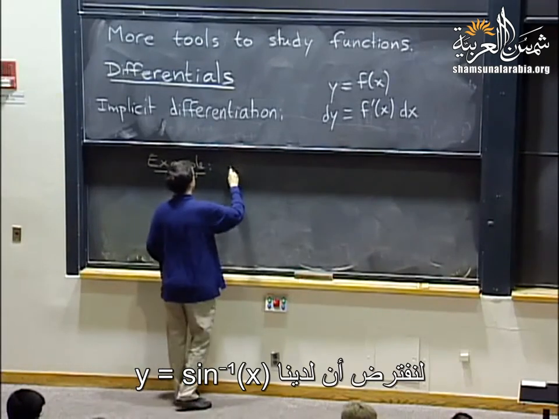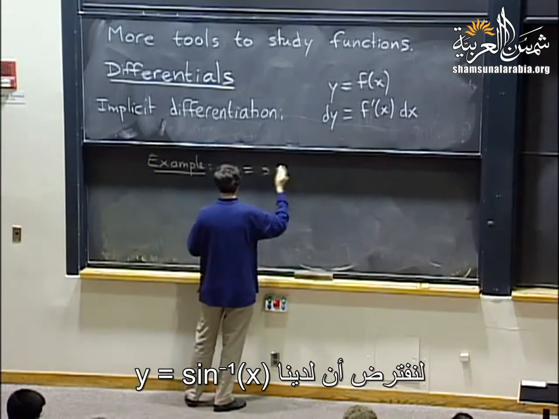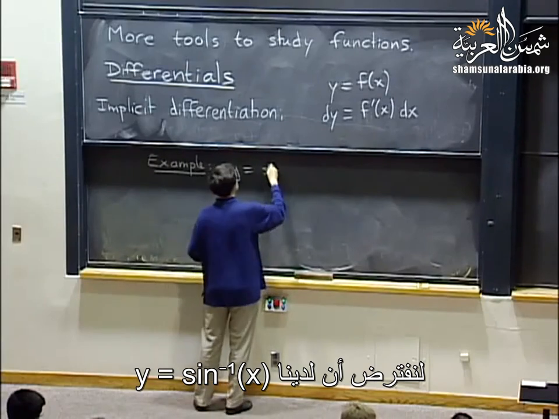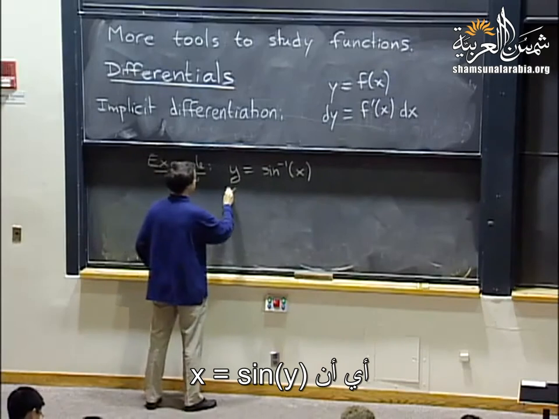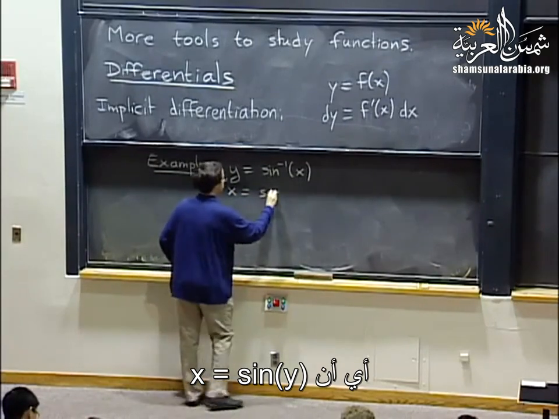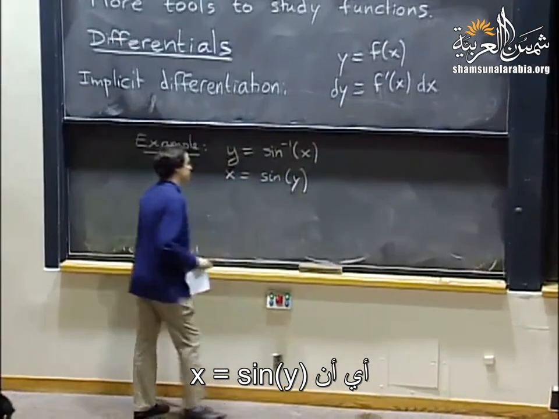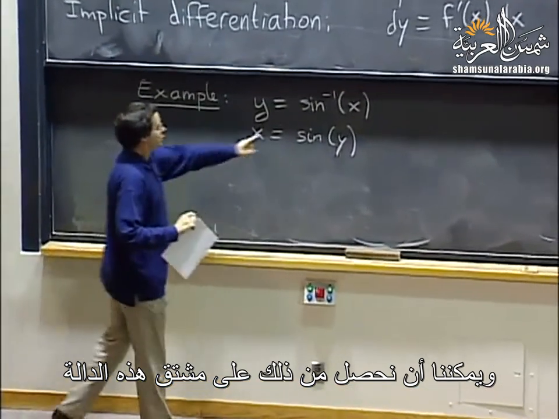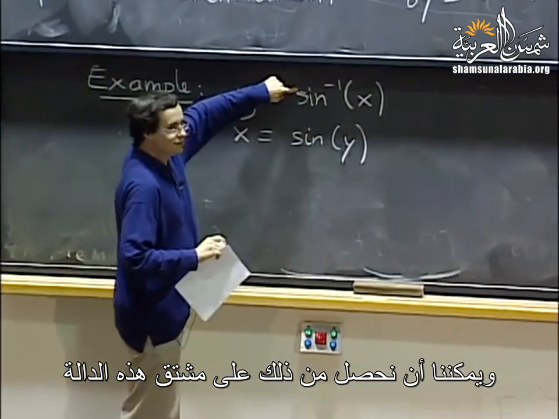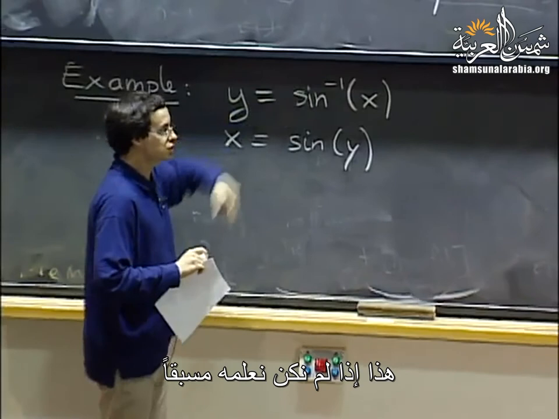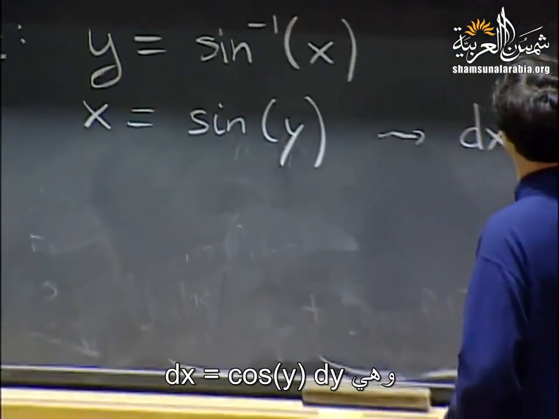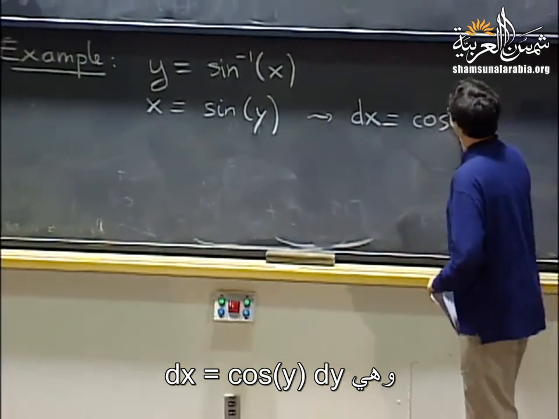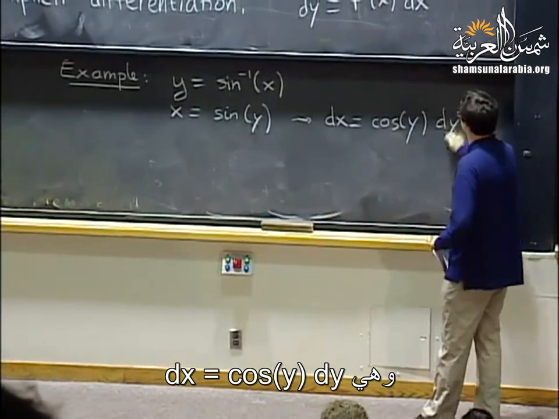let's say that we have y equals inverse sine of x. Then we can write x equals sine of y, and from there we can find out the derivative of this function, if we didn't know the answer already, by writing dx equals cosine y dy.